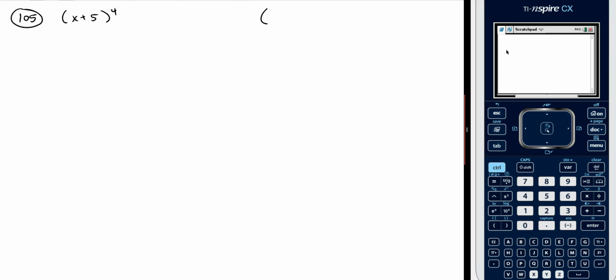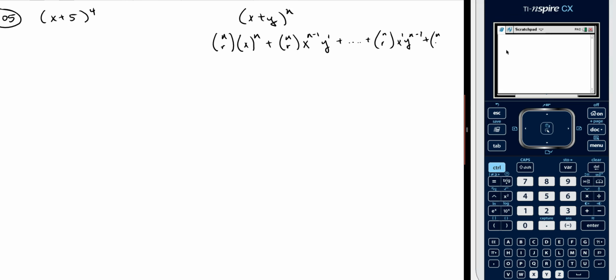For anything that starts in the form of, let's go x plus y to the n power, that's going to be expanded as nCr times x to the n plus nCr times x to the n minus 1 y to the 1 plus a bunch of stuff plus nCr x to the 1 y to the n minus 1 and finally plus nCr times y to the n.